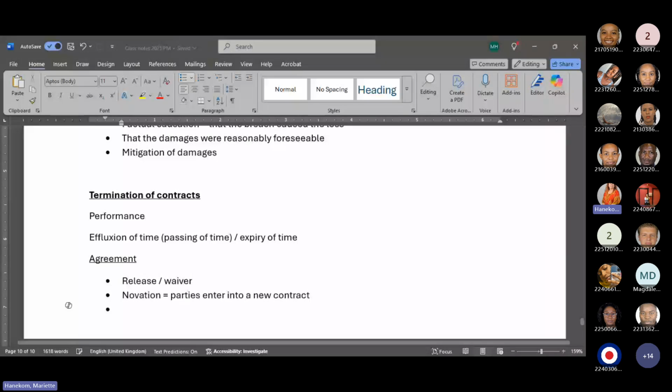Or there is compromise. Compromise is similar to novation. Compromise, also known as settlement. Compromise is similar to novation in the sense that there is a new agreement, but compromise will always follow a dispute.